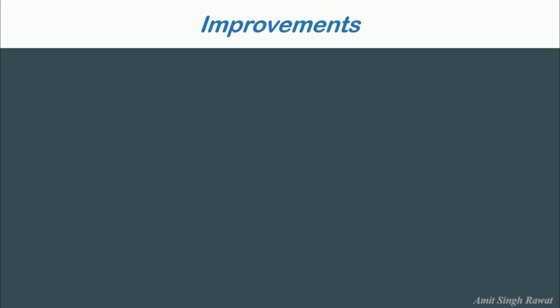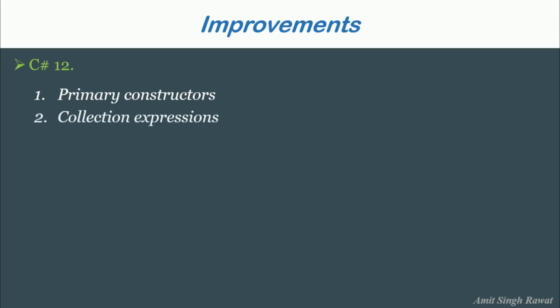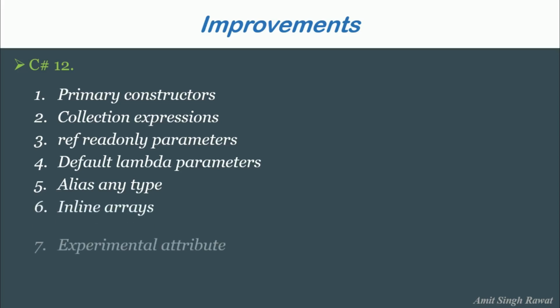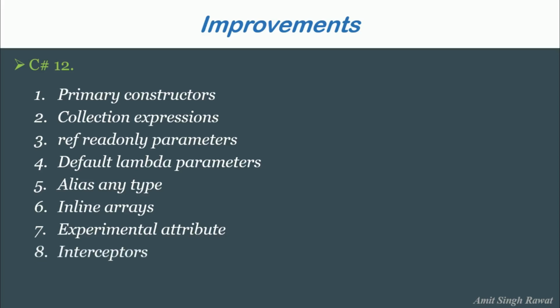Next is C# 12. As per Microsoft, they made improvements around primary constructor, collection expressions, ref read-only parameters, default lambda parameters, alias any type, inline arrays, experimental attributes, and interceptors.